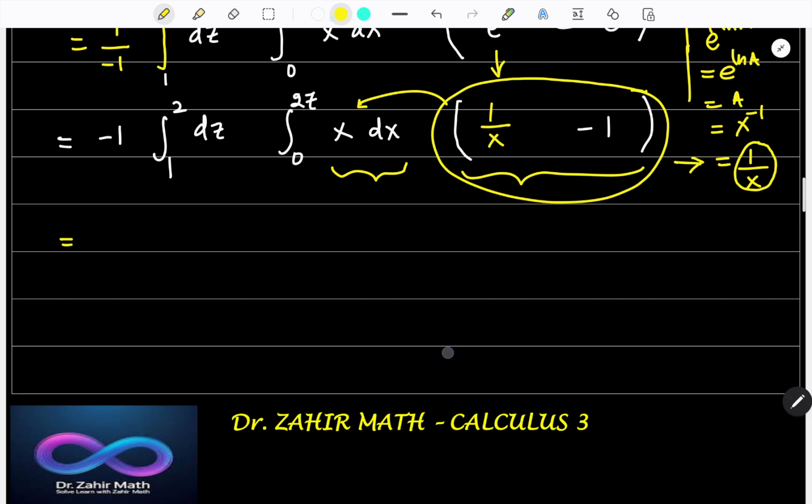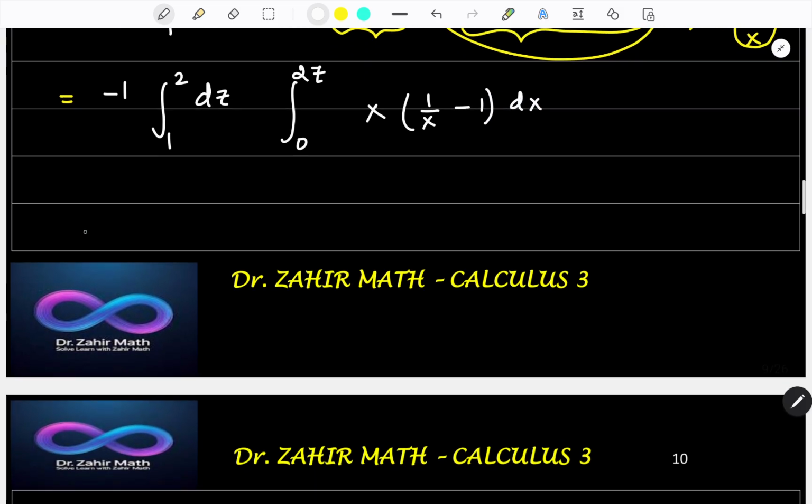So this equals minus 1, integral 1 to 2 dz, and integral 0 to 2 is z, x times 1 by x minus 1 times dx. So this is going to become minus 1 integral 1 to 2 dz, and you multiply here, integral 0 to 2 is z.